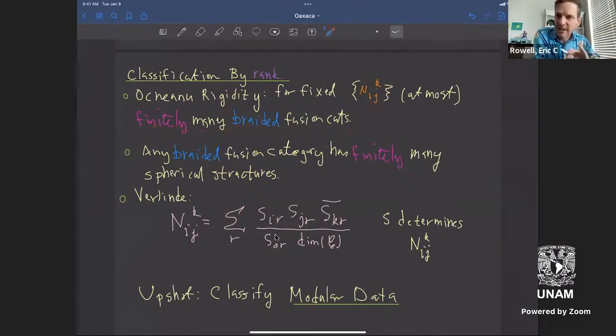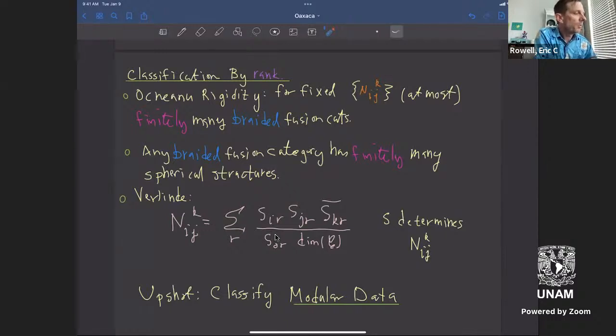So that cuts it down to a finite problem if you can nail down the fusion rules. You don't have to worry about the next step, which would be to put a spherical pivotal structure on there, because there are only finitely many possible choices. So to add on here, there's only going to be finitely many.